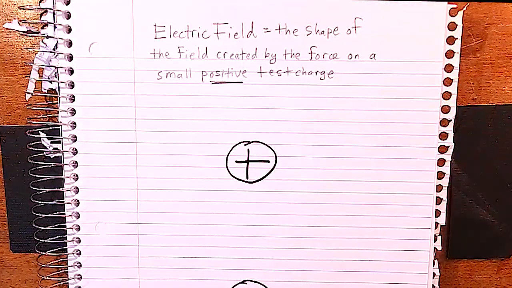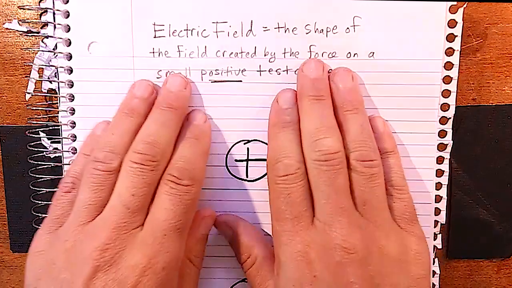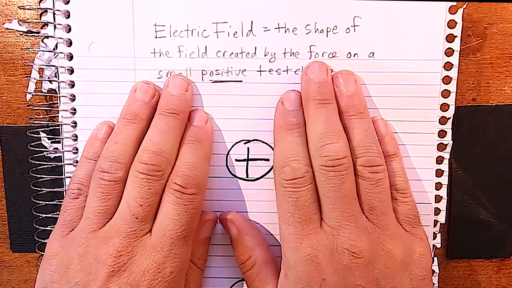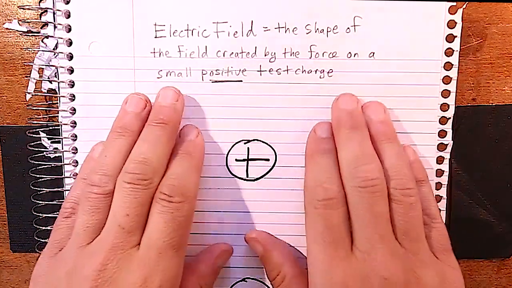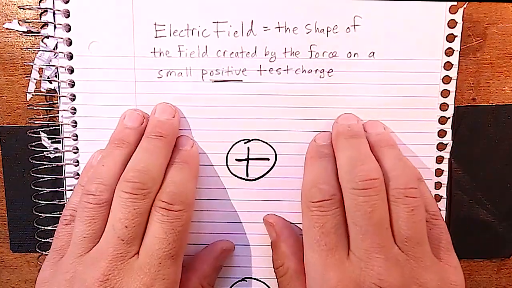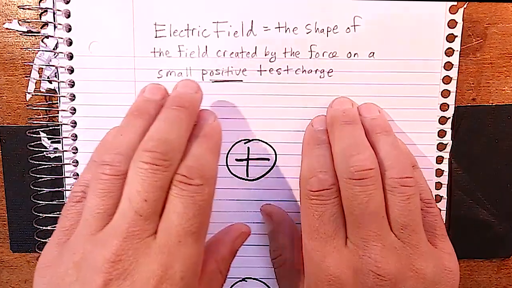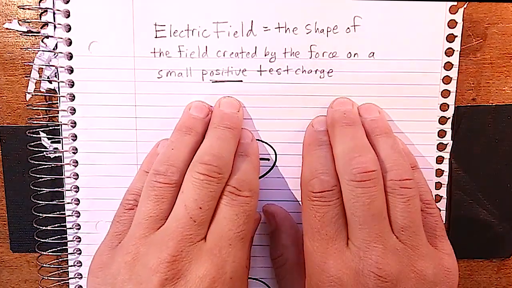So now that we understand how a gravitational field works, we can talk about how an electric field works. An electric field works pretty much the same way. It's the shape of the field created by the force, but this time, listen carefully, it's the force on a positive test charge.